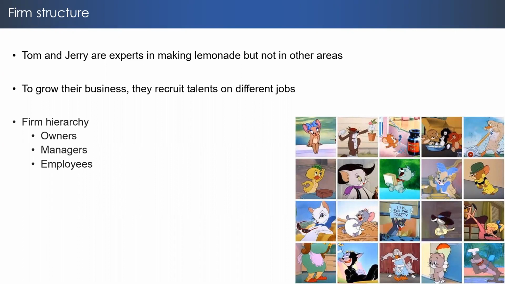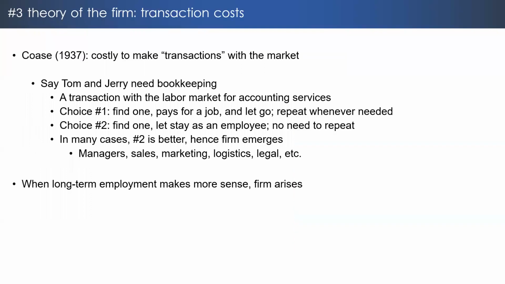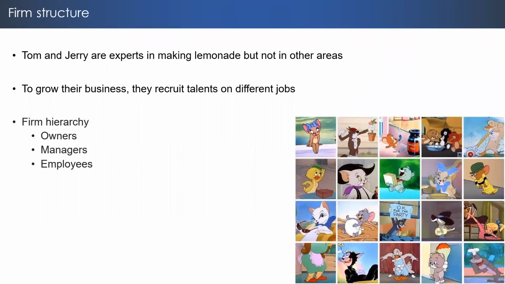And then further below, we will have employees from different departments, accounting, legal, who are all under the command of the managers, who represent the interests of the owners. So here's basically how a firm will start to develop as the size increases and as the number of employees or parties increases. I think so far it's quite reasonable.